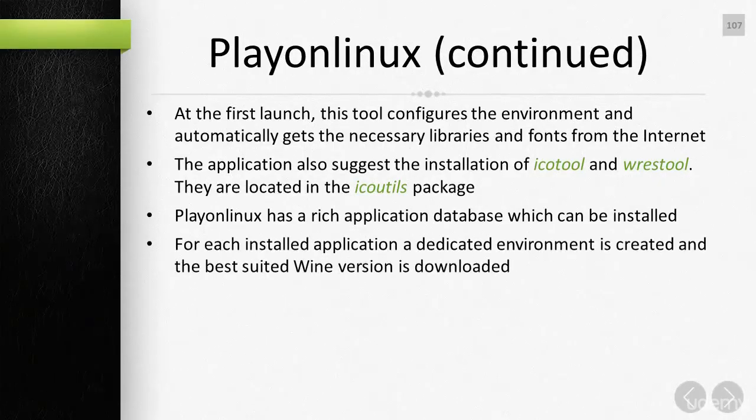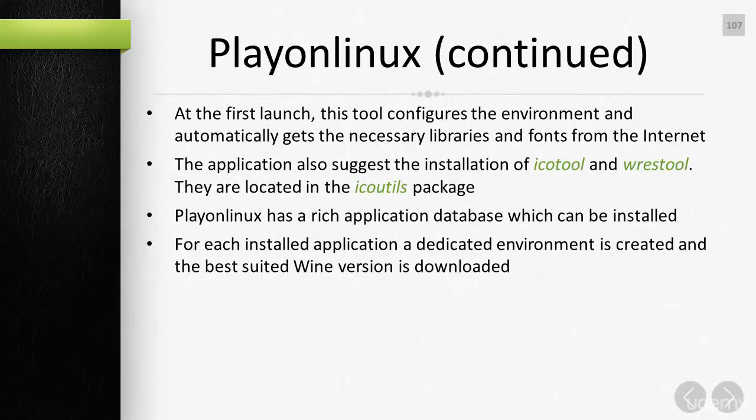A massive advantage of Playonlinux is that it downloads from the internet and automatically configures the best version of Wine for a given application. If you install the application from the Playonlinux database, you can be sure that it will be installed separately and independently of other applications, and that it will be run in the version of Wine environment which is most compatible with it.